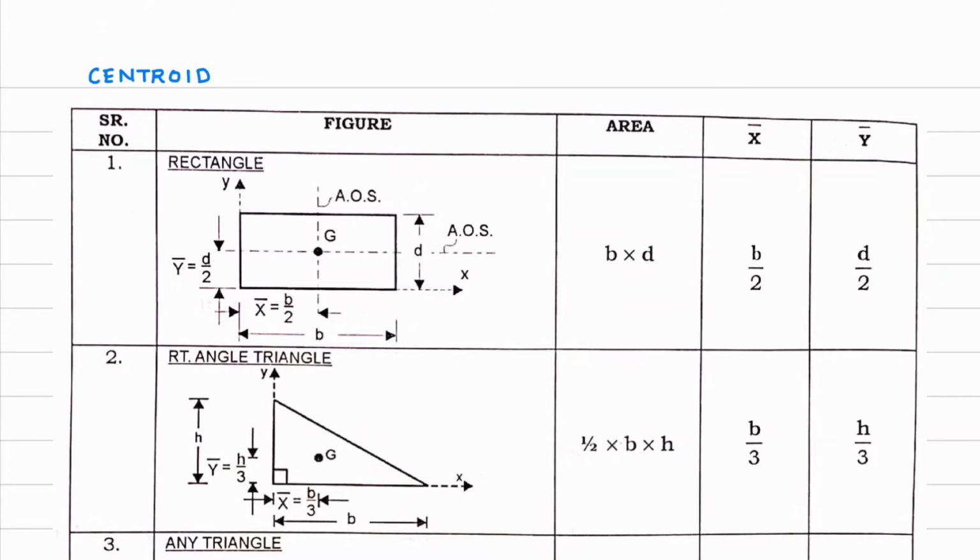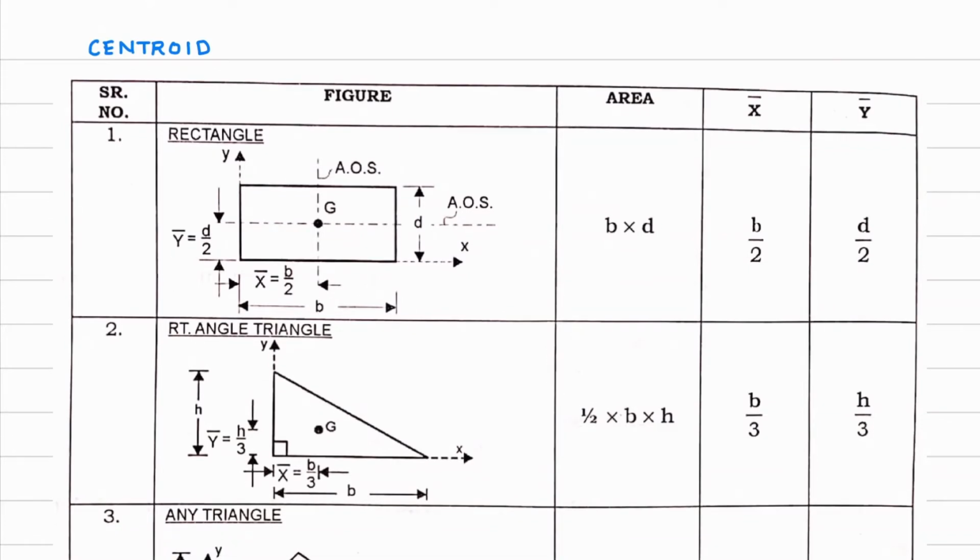Next, the second one is the right angled triangle. So this is the y axis, x axis. This is the intersection of axis, point O suppose. What about the centroid? From the point which is opposite to the hypotenuse, the vertical distance will be h by 3 and the horizontal distance will be b by 3.